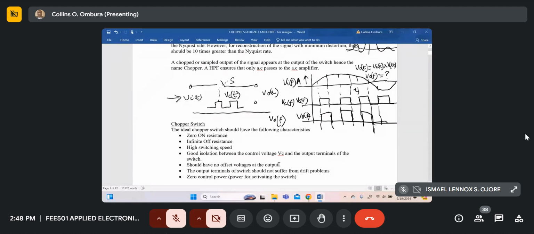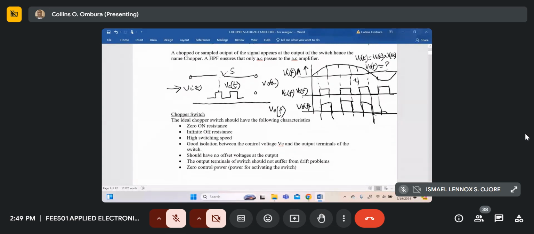For those of you who are doing power, you should know that to ionize 1 centimeter of air requires about 15 kV, kilovolts. But for us, our input voltage is 50 millivolts, so ionization of air is not a problem. Next, the output terminals of the switch should not suffer from drift.